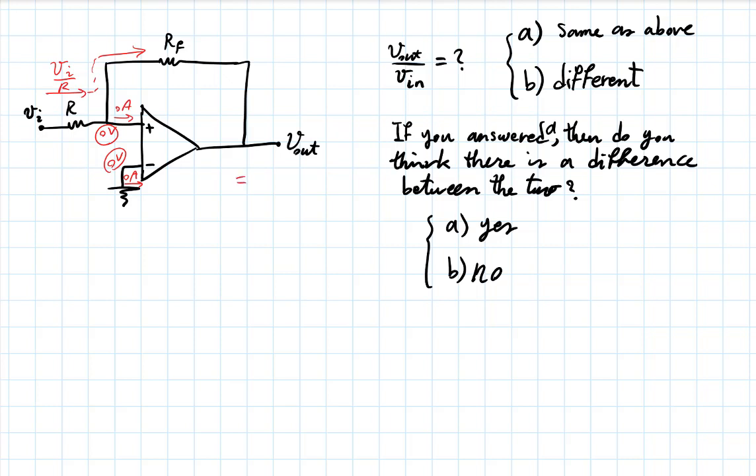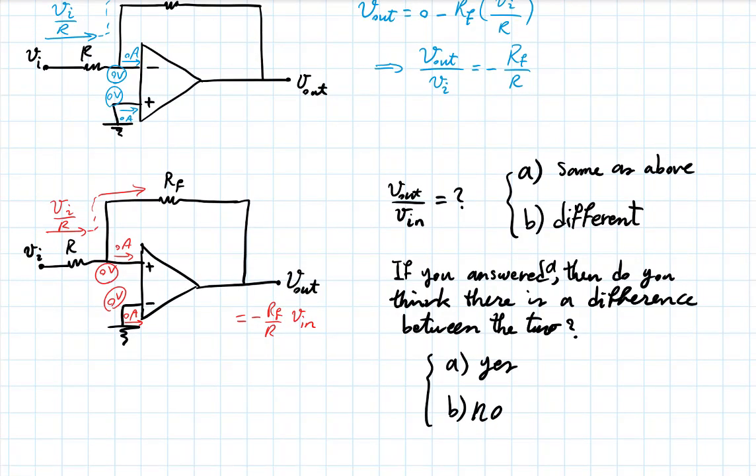I would get V out again equal to minus R F over R V in. Correct? Have I missed anything here? Does anyone want to raise any objection?